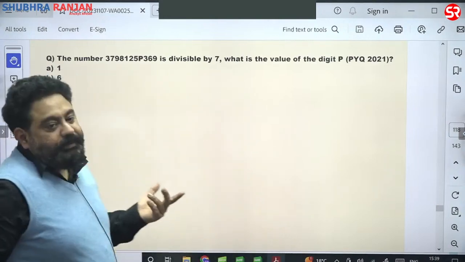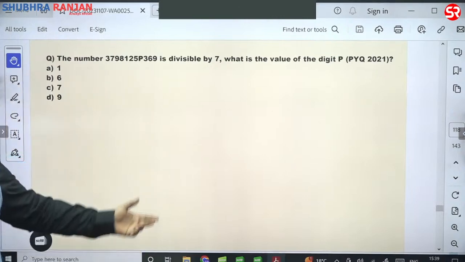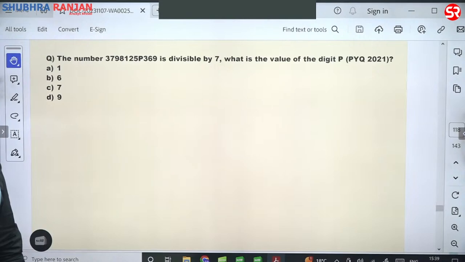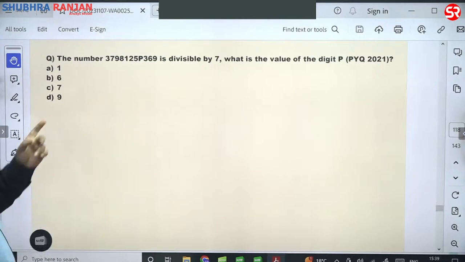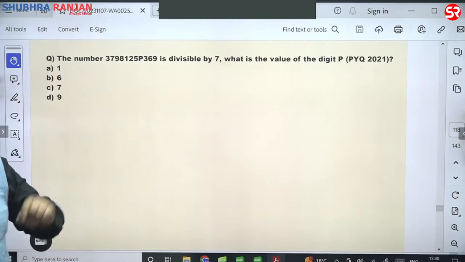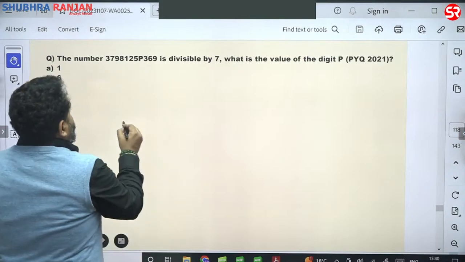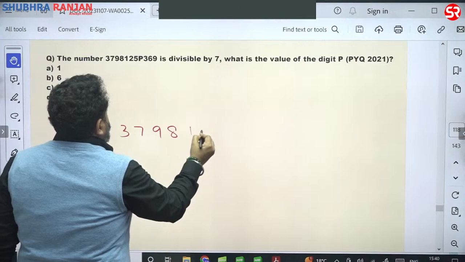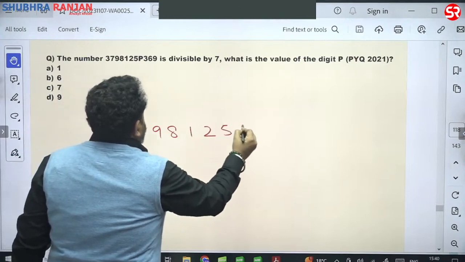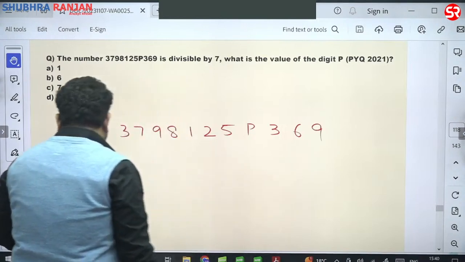Now tell me one thing, whatsoever you do, if you don't know the rule of 7, this is not working. People tried options; if you put options and divide by 7, you would occupy all the space, isn't it? So the number was 3, 7, 9, 8, 1, 2, 5, P, 3, 6, 9, right?